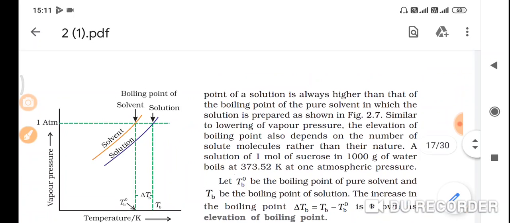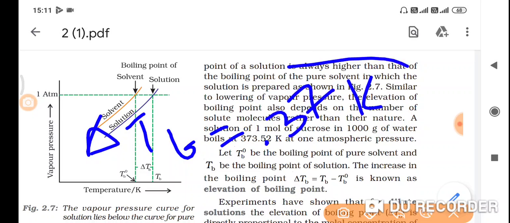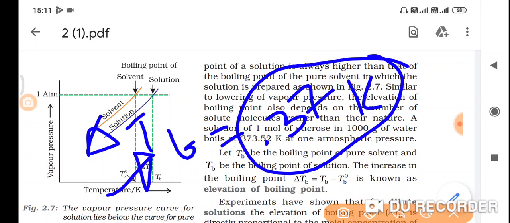So what is the value of delta Tb? It is 0.37 Kelvin, the change in temperature.